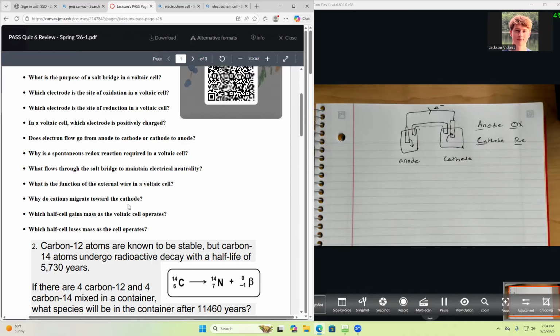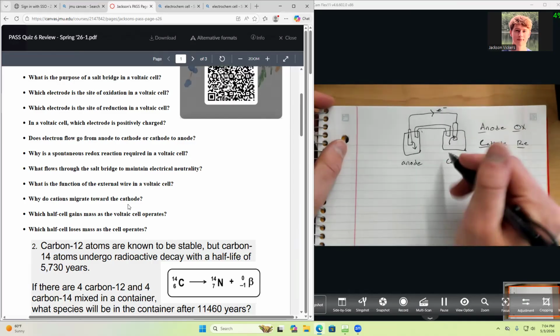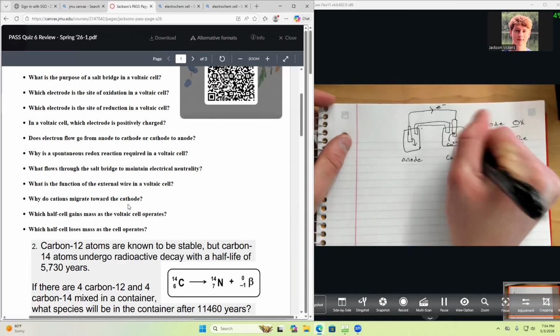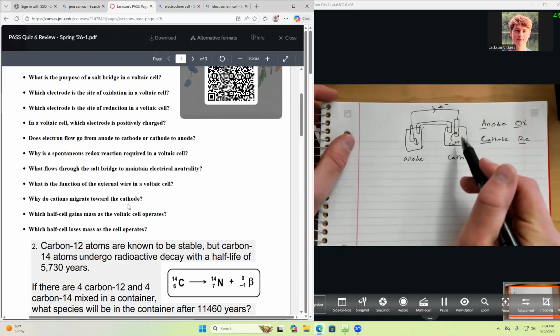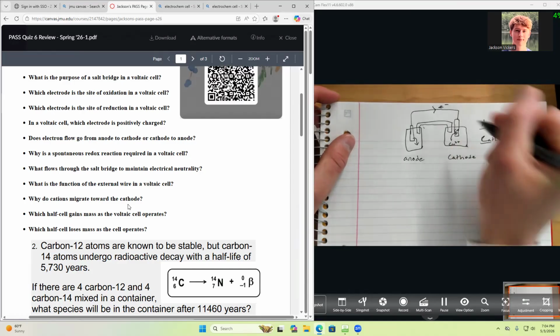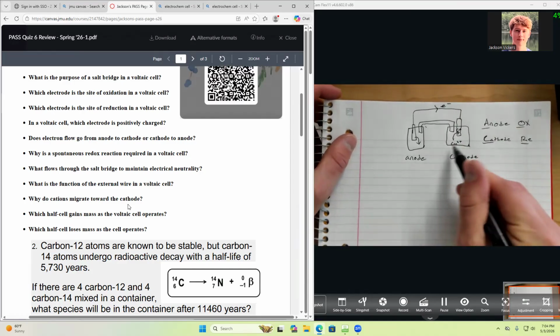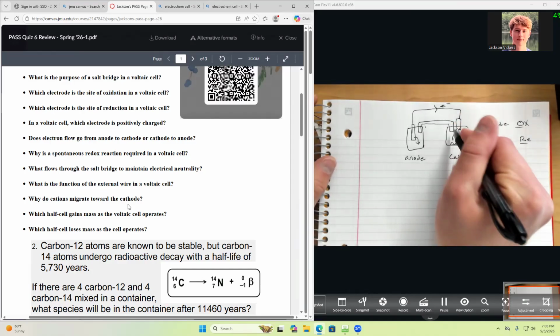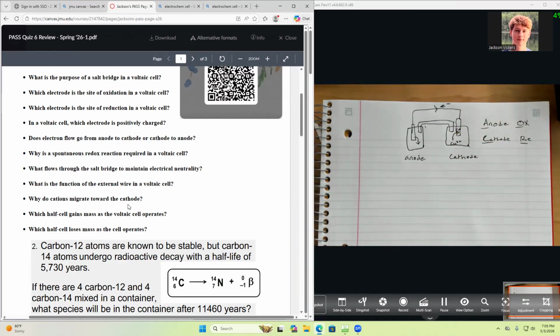So if we have the cathode where we have these positive ions, say copper 2 plus being plated onto the electrode to form copper solid, in place of where there were those positive ions is now a deficit. So there are no more positive ions there, meaning we need positive ions from this side to shoot over here to keep it neutral. Does that make sense to everyone?